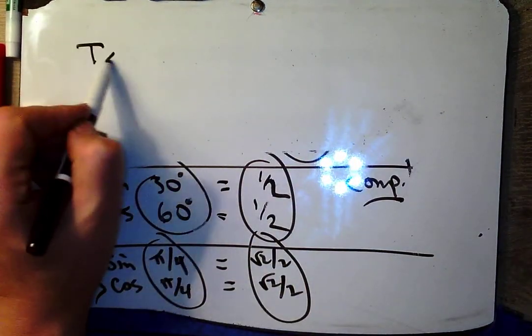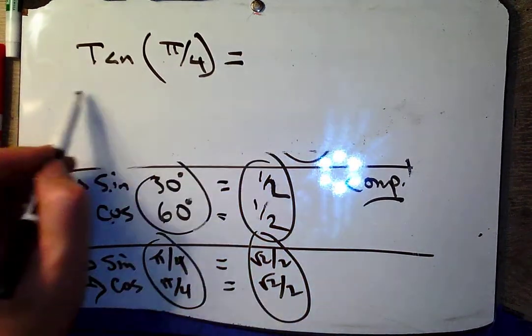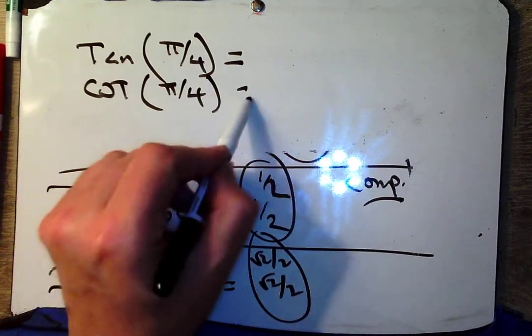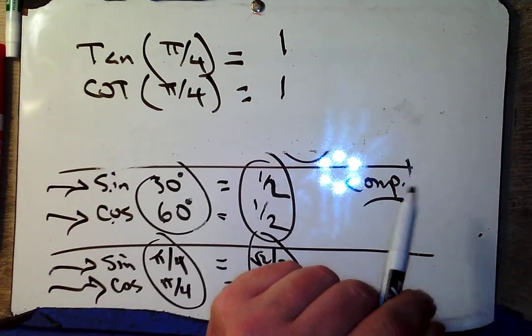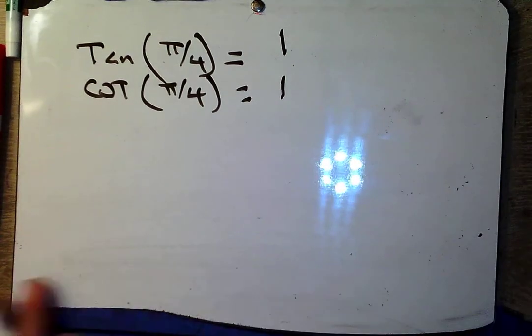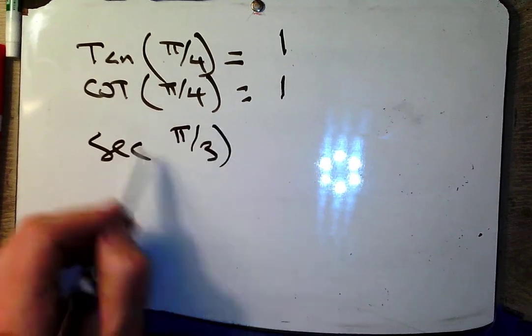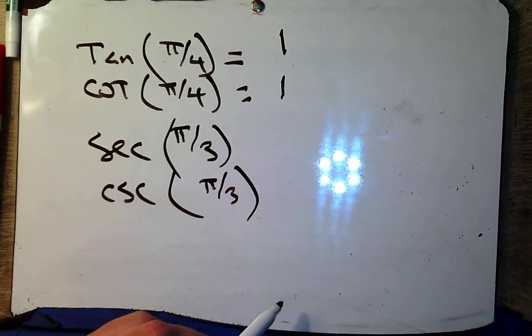What about tangent pi over 4 and cotangent pi over 4? Well, this is 1, and that is also 1. What about secant of pi over 3 and cosecant of pi over 6? Sorry, I meant pi over 6 here.